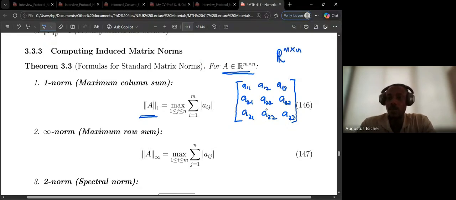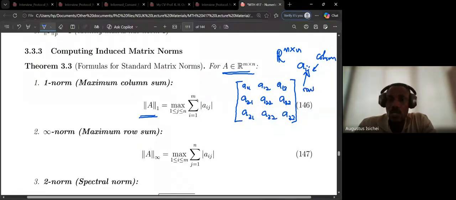So if I'm representing this as ij, j represents the column position of the numbers, and i represents the row position of the numbers.